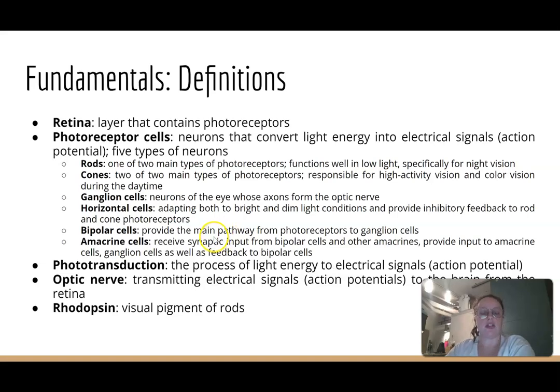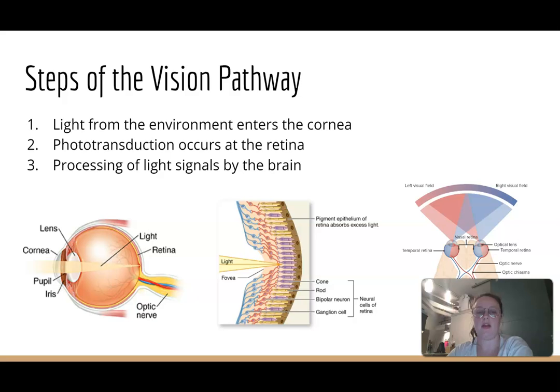Next, we have phototransduction. That encompasses this entire process of light hitting the retina and then creating an action potential. Our optic nerve is what's transmitting our electrical signals, or our action potentials, to the brain from the retina.